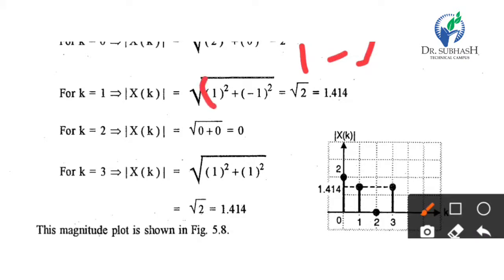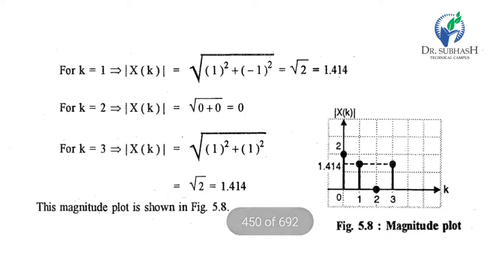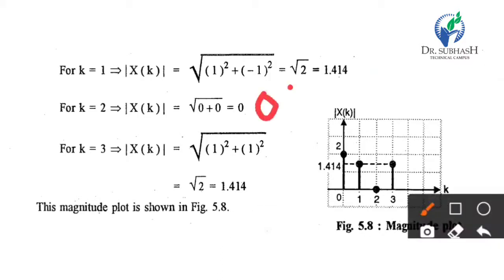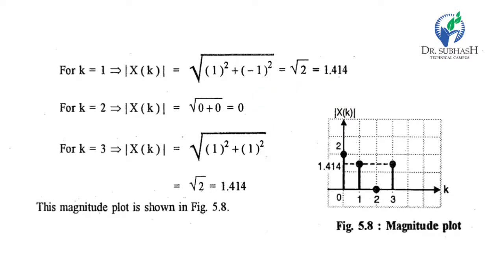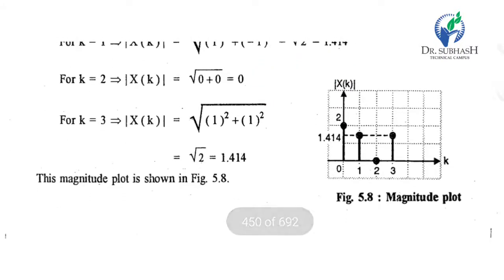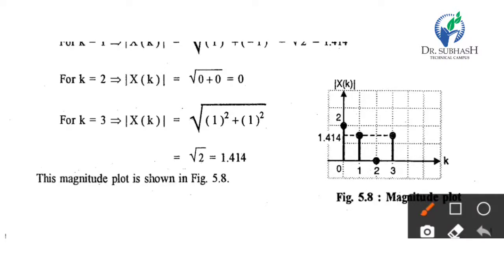So 1 square plus minus 1 square: 1 square is 1, minus 1 square is 1. 1 plus 1 is 2, so root 2, which is 1.41. For k equal to 2, it is 0 plus j 0, so it is 0. Similarly, for k equal to 3, x of k is 1 plus j. So 1 square plus 1 square, root 2 equal to 1.414.